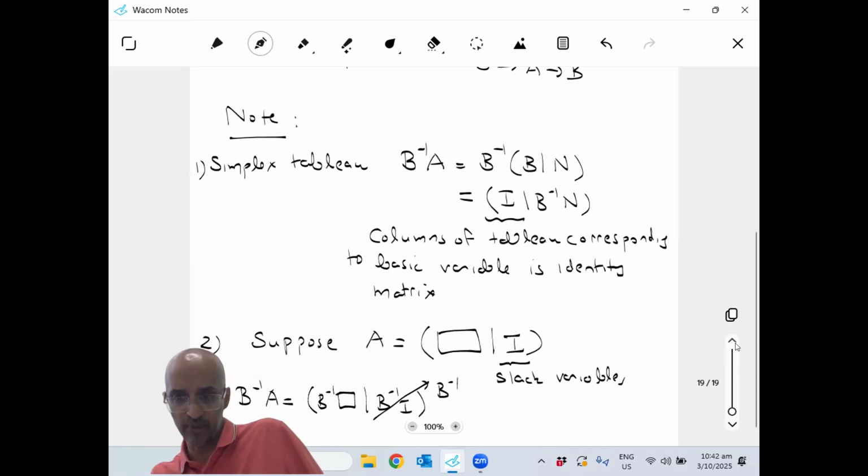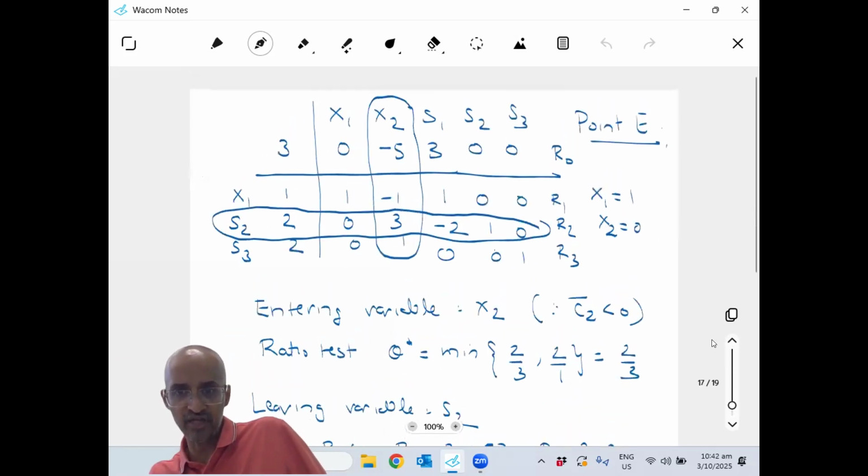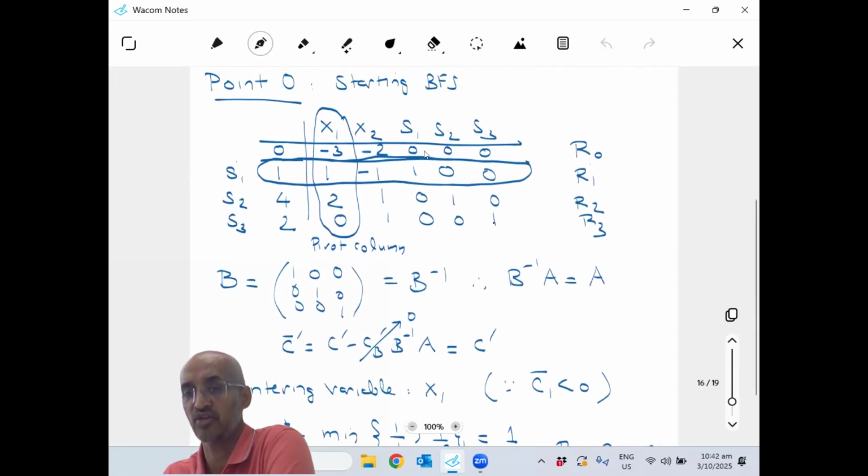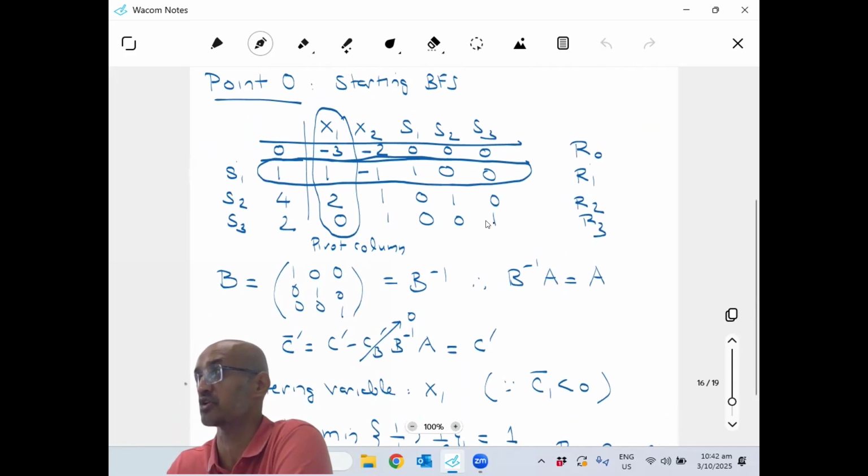Okay, so for example, let's take this tableau. Where is B inverse? In this problem, at the starting tableau, my identity is here. So B inverse times these columns will be B inverse, which is just the identity itself.